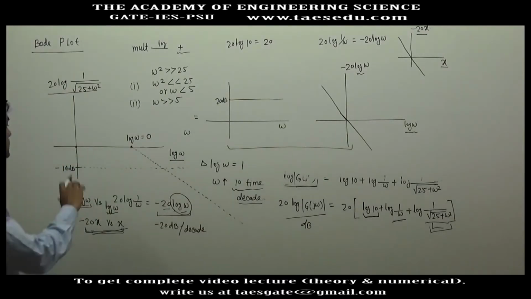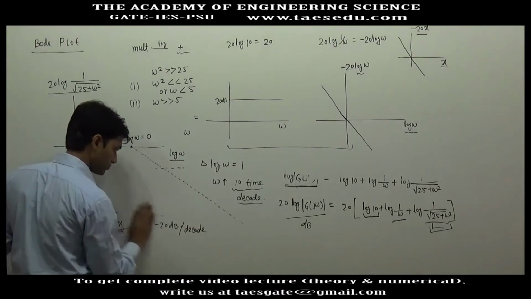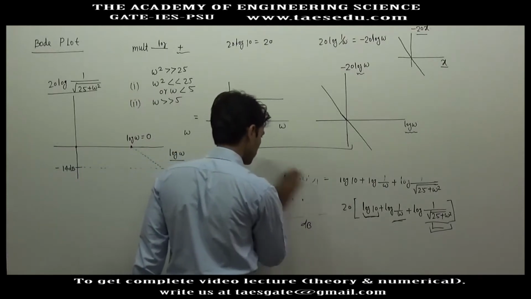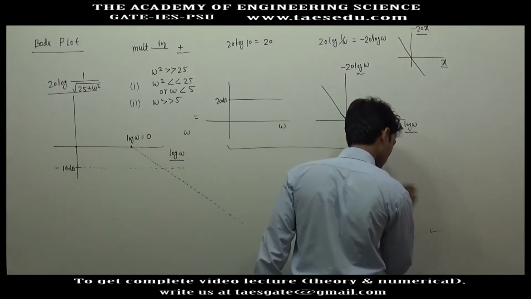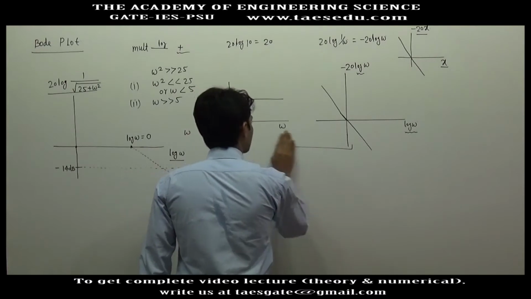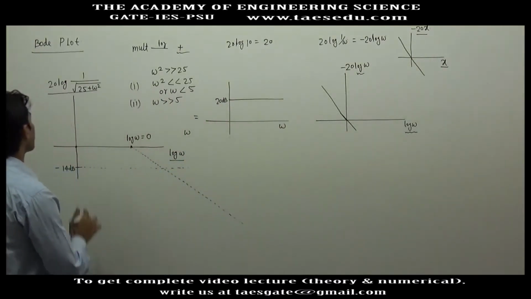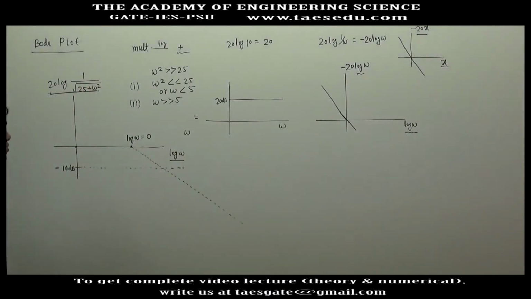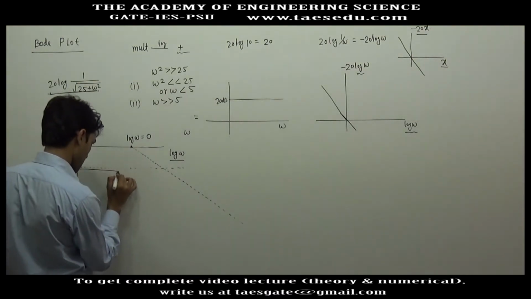Now if we plot the exact graph, how will it look? If we plot the exact graph, 20 log 1 upon 1 plus this quantity versus log omega, it will look like this.